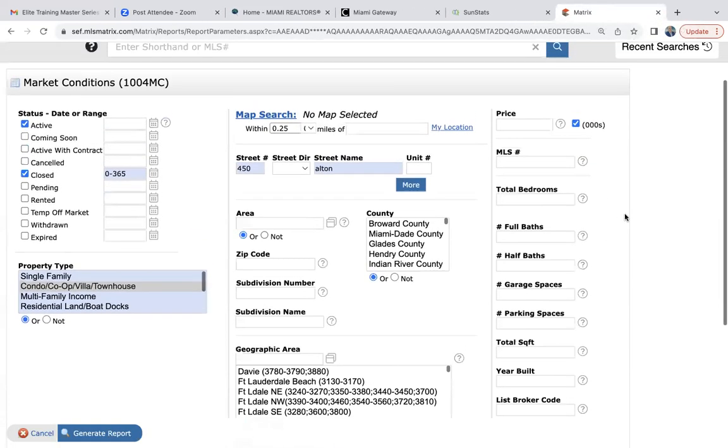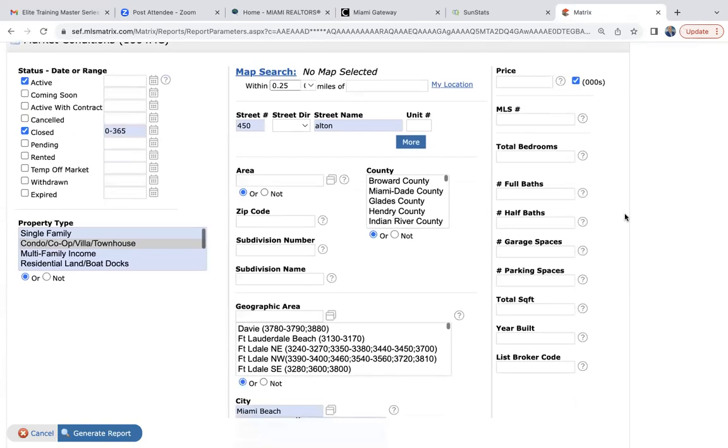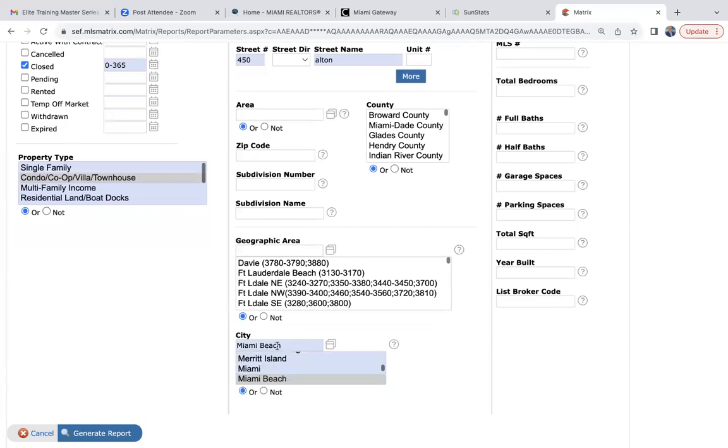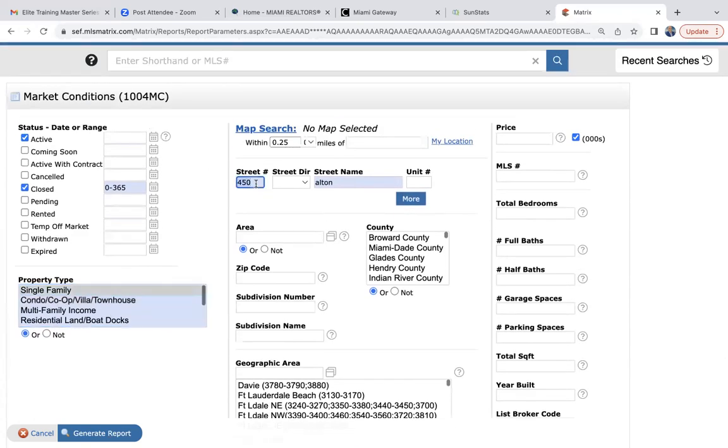Now, once again, if you are running this report because you're trying to find out the market value of a property, and let's say this property is a single family home located at 1020 Obispo Avenue.